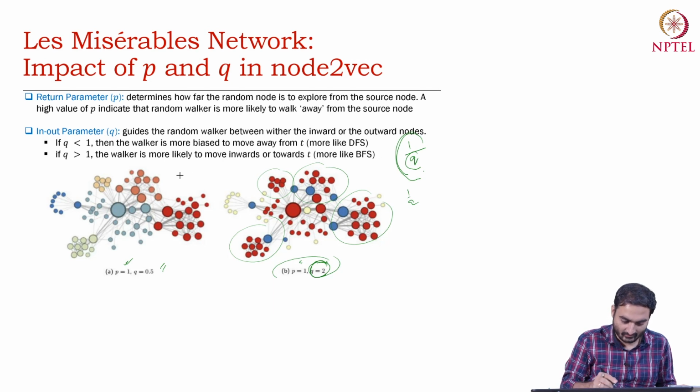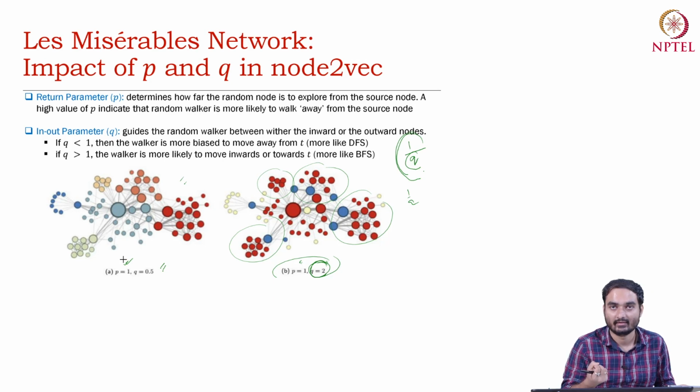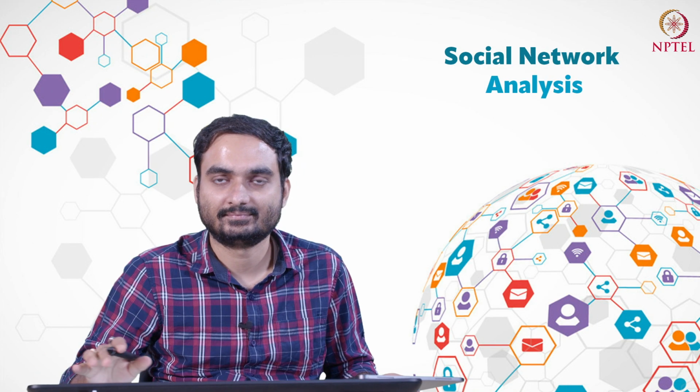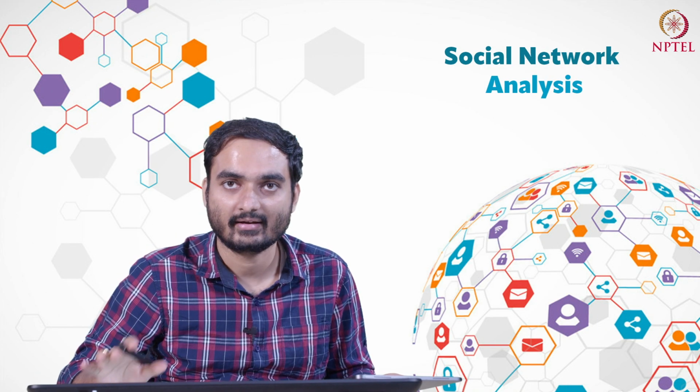And you see here in this case things like hubs, nodes with high degree, those nodes get prominent in this particular figure. So, this is about node2vec and DeepWalk.